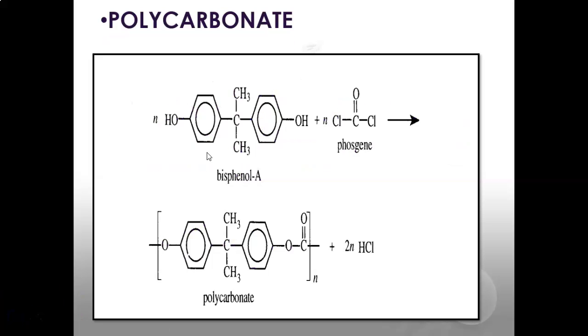So look at the structure of bisphenol A. It has two cyclic rings, and at the end of the structure, it has two OH functional groups.